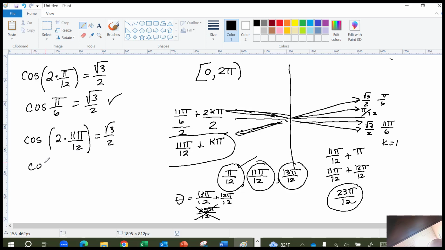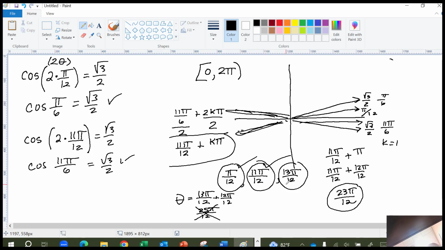Well, that's the cosine of 11 pi over 6. That's the square root of 3 over 2. So that one's also correct. Okay? So that was the thing we weren't paying attention to, is this is 2 theta. Not theta, but 2 theta.